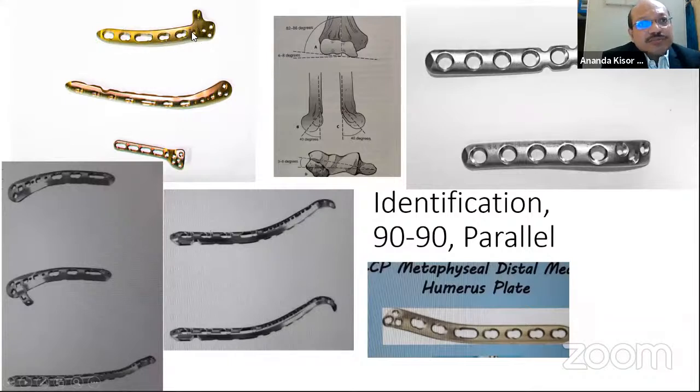It is placed on the flat posterolateral surface. But as the lateral epicondyle is coming on the anterior side, through this post another screw can be introduced. So this can be used for the posterior surface, and this is the medial plate. This is a dorsolateral and medial plate. Those plates can be used in 90-90 fashion.